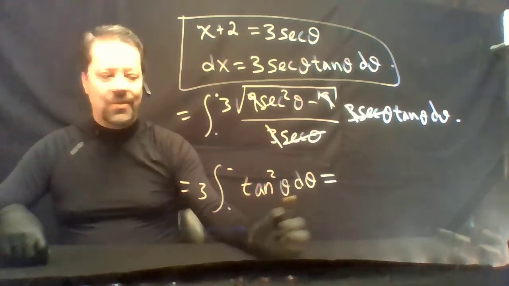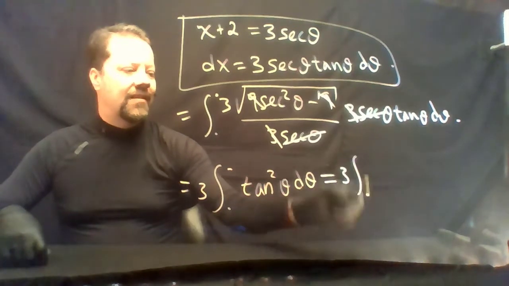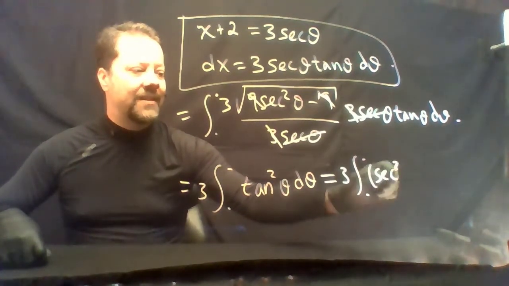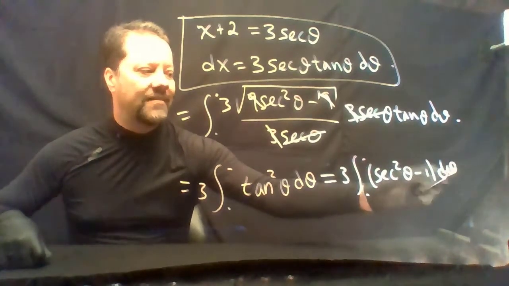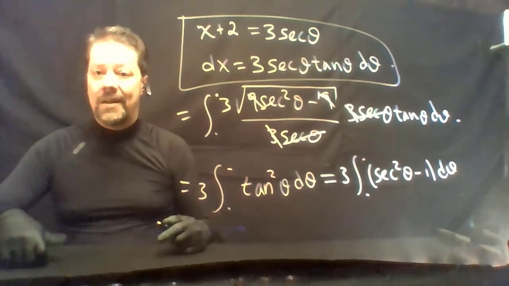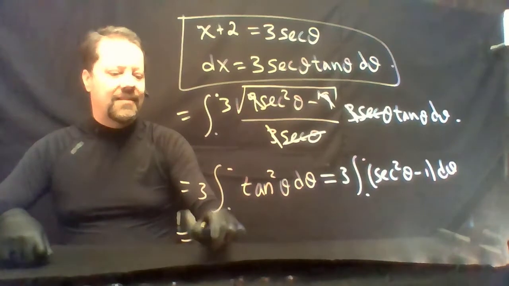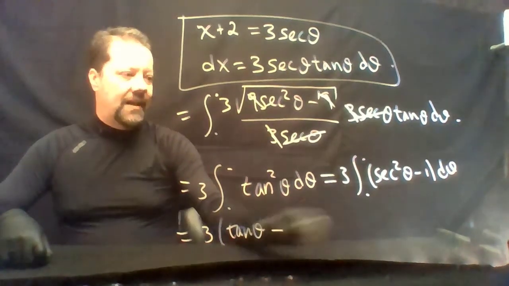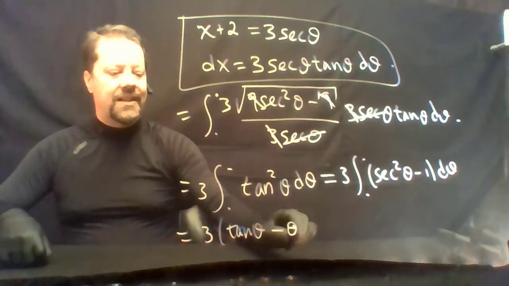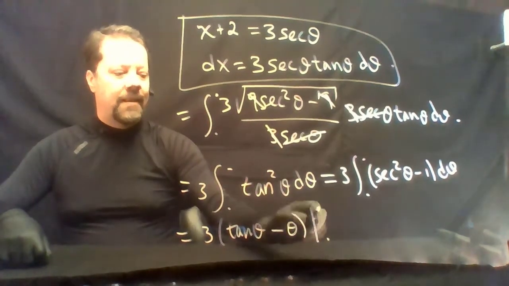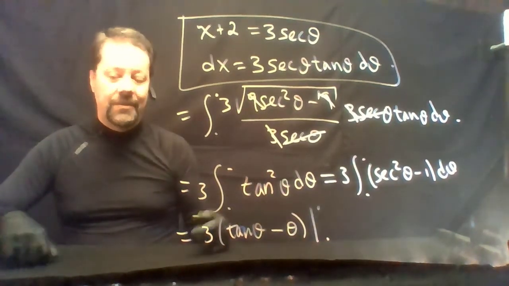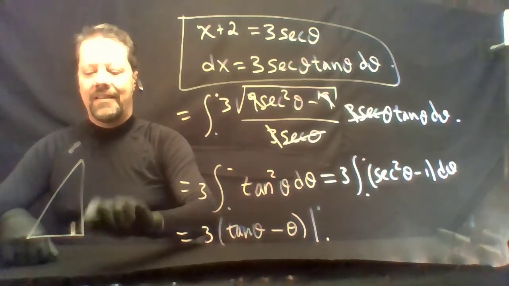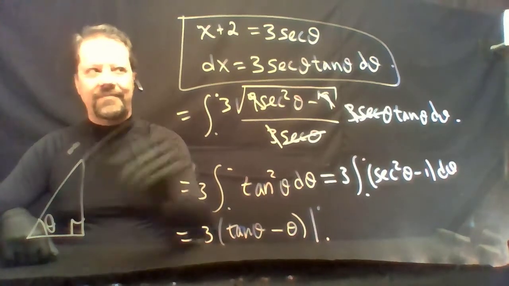To integrate tangent squared, we'll use the Pythagorean identity to convert that into secant squared theta minus 1. The integral of secant squared is tangent. And the integral of 1 is just theta. Still evaluating from dot to dot. We, at this point, need to remember our triangle.